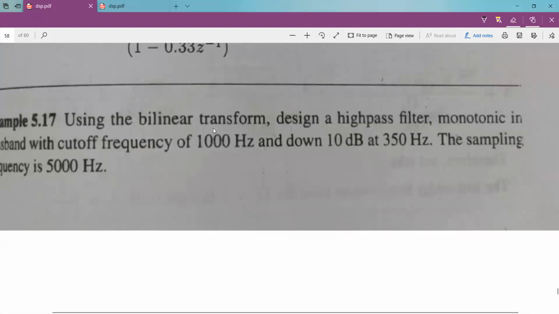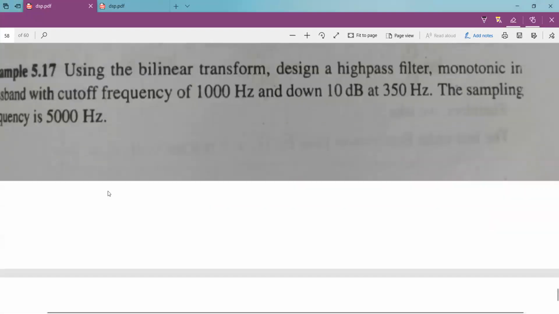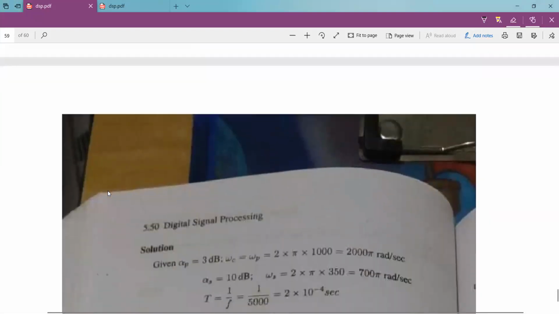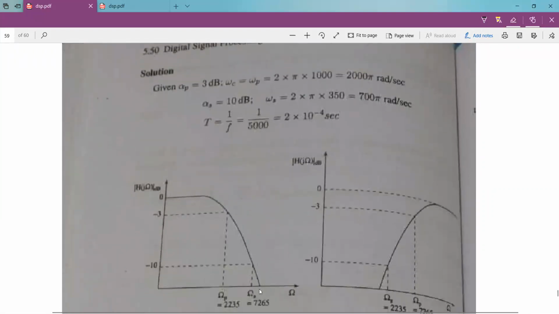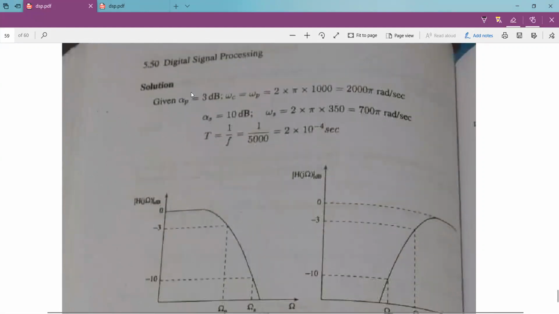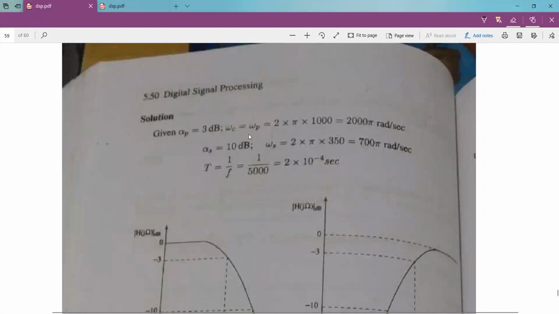In this particular example, you have to design a high pass filter, monotonic in passband, with cutoff frequency, this down 10 dB at 350 hertz and sampling frequency is 5000 hertz. Now in this case, you have to design a high pass filter, means first you have to get the corresponding low pass filter. Passband attenuation is 3 dB here.